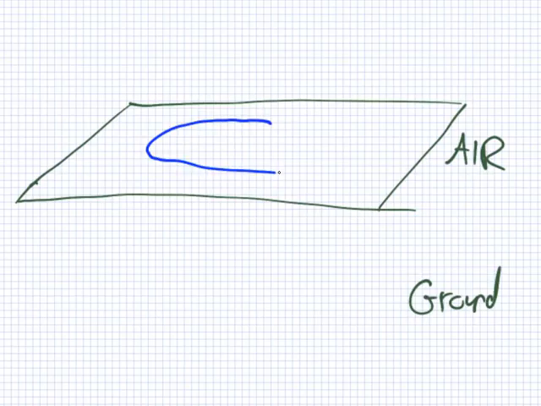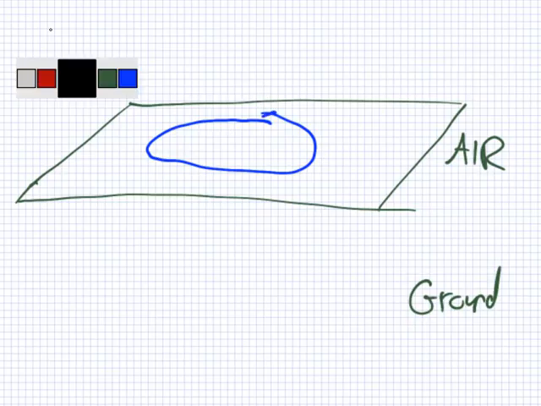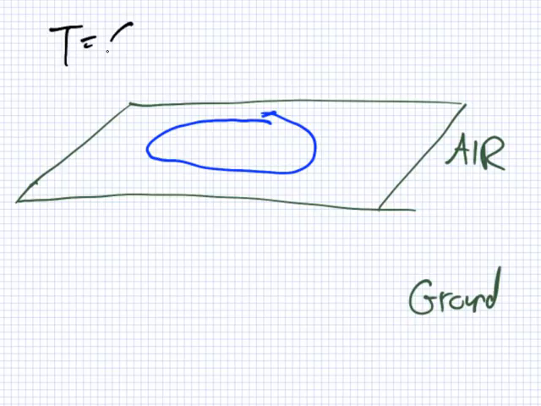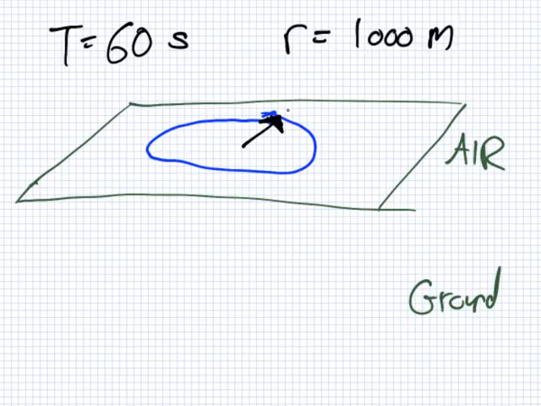Planes usually do this when they're waiting to land at the airport. So they bank and circle the airport until they have permission to come down and land. I tell you T equals 1 minute, that's 60 seconds, and I also give you the radius, 1,000 meters.